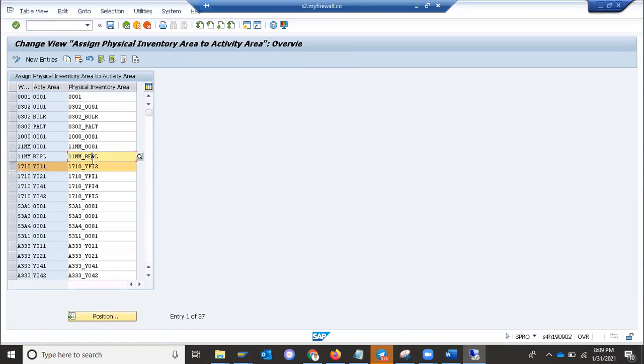This is the physical inventory area, and this is the activity area. This should be assigned. So activity area is defined as the type of activities we are doing in the warehouse, like put away, picking, physical inventory. So this should be assigned to each other. Why? To automate the system, right?